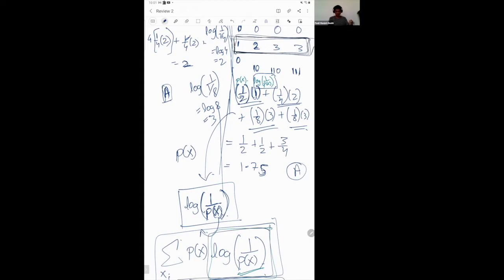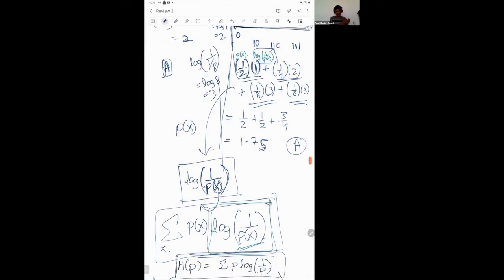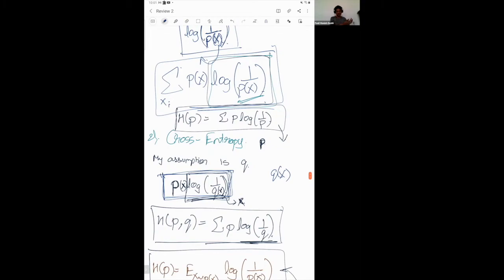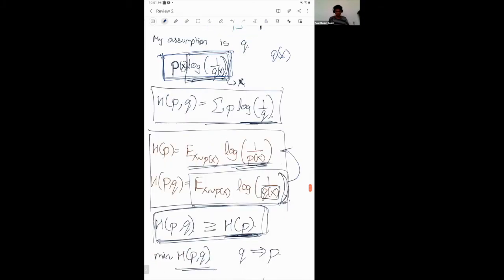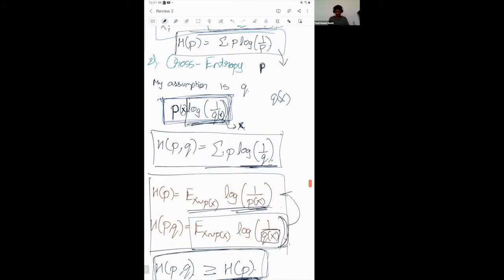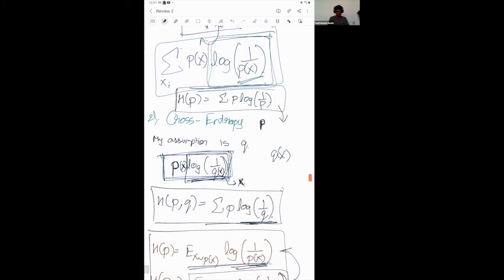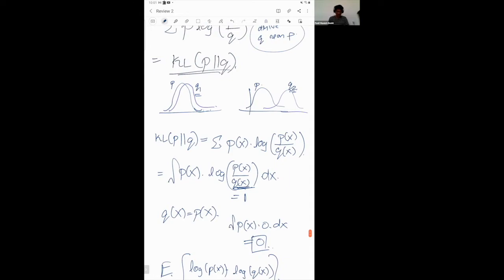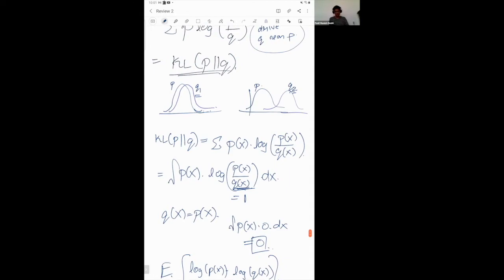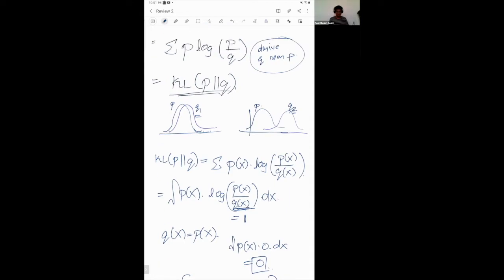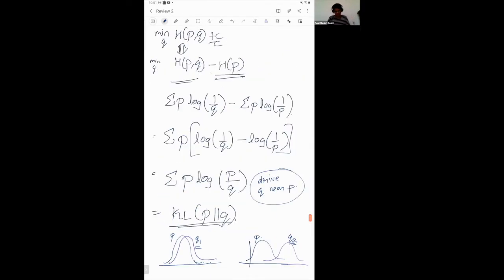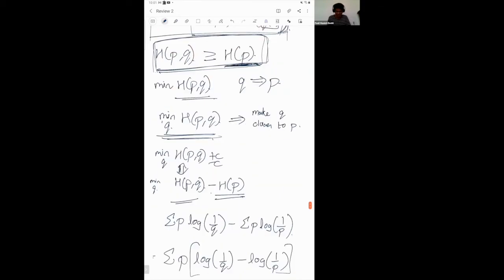Hence, you are driving q of x closer to p of x when you are minimizing cross entropy. Minimizing cross entropy and minimizing KL divergence are the same. KL divergence is a formal notion of giving the difference between two distributions. And entropy and cross entropy come from information theory.